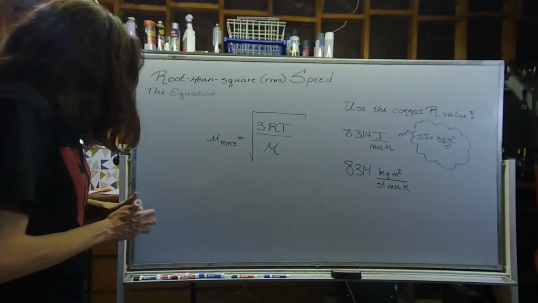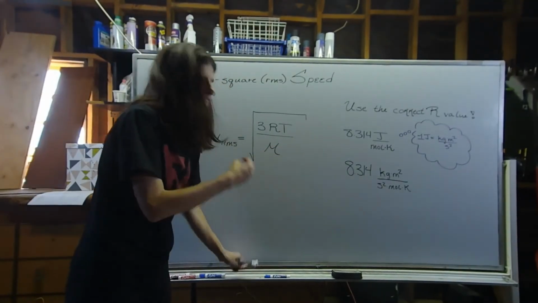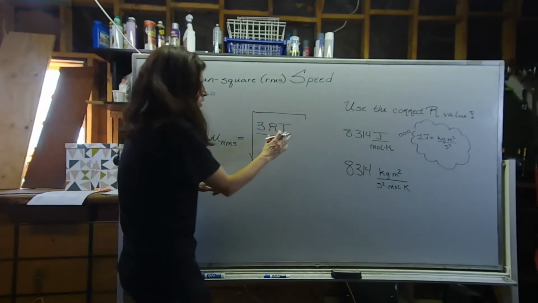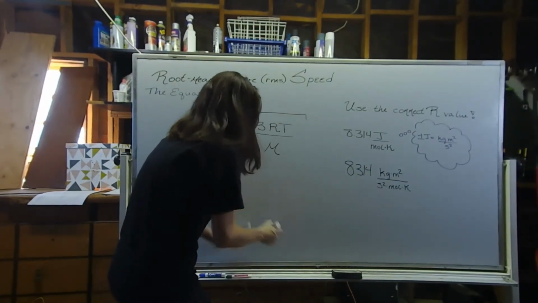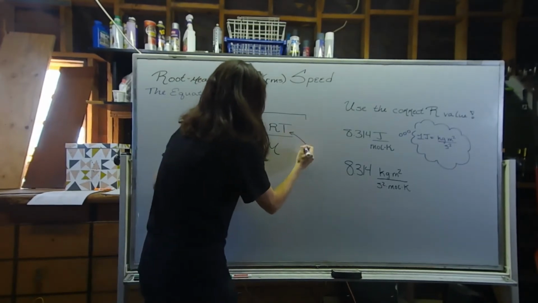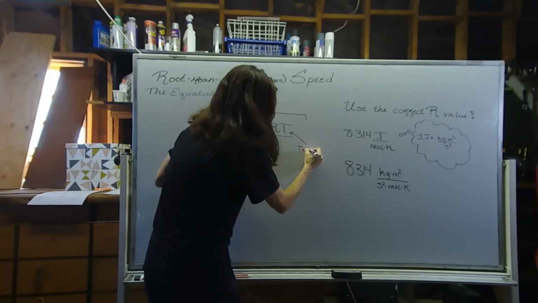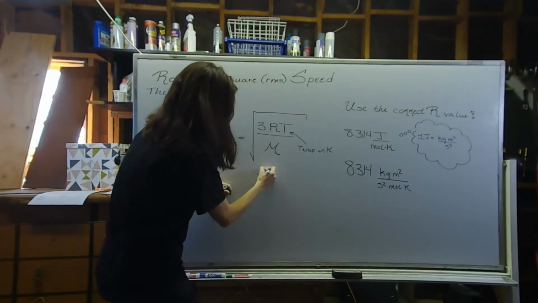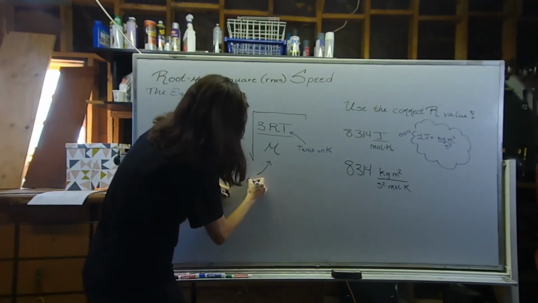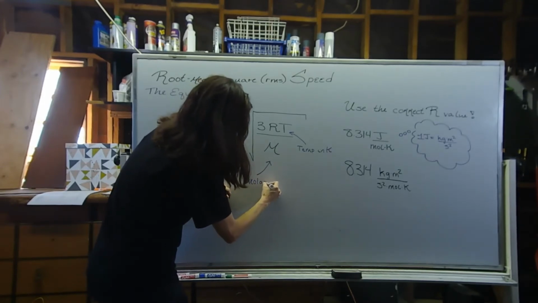Once you get your R right, everything else kind of falls into place. We know our temperature should be in Kelvin, and that's what this T is. And then this script M down here stands for the molar mass of the gas.